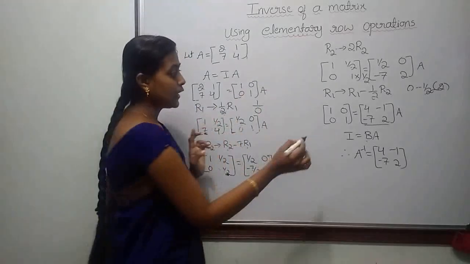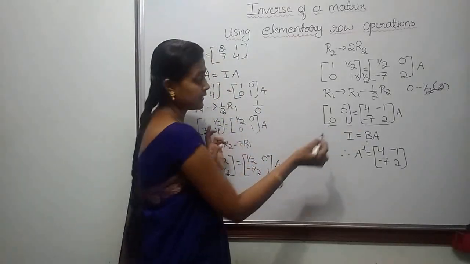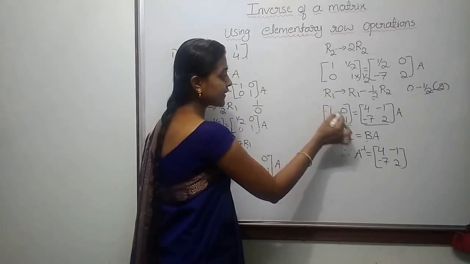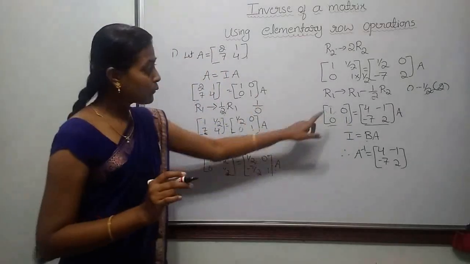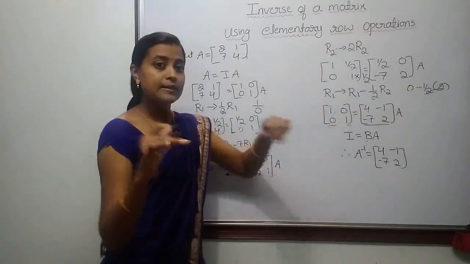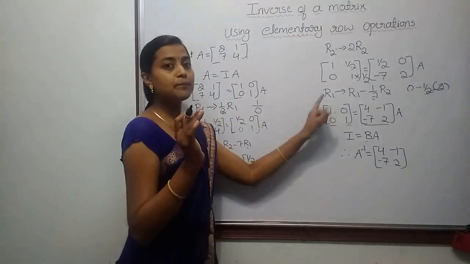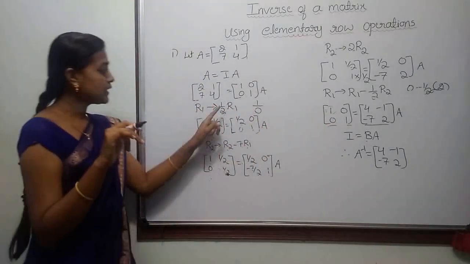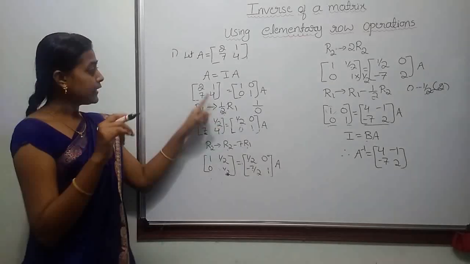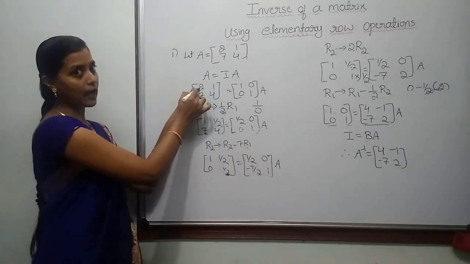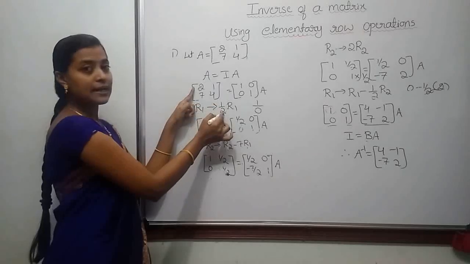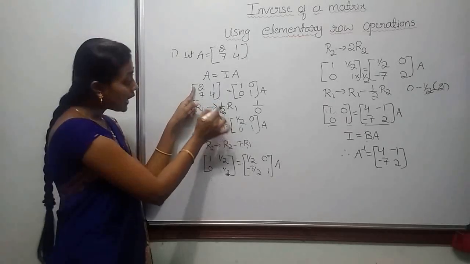Now remember, to reduce to an identity matrix, we have to get the diagonal elements 1. So wherever you have to get the element 1, the trick is to multiply that particular row by the reciprocal of that element. Here, to get the first element 1, I have multiplied the first row by the reciprocal of the first element.